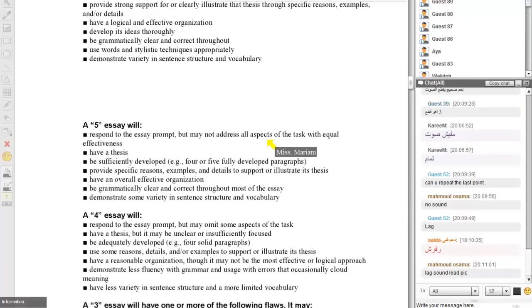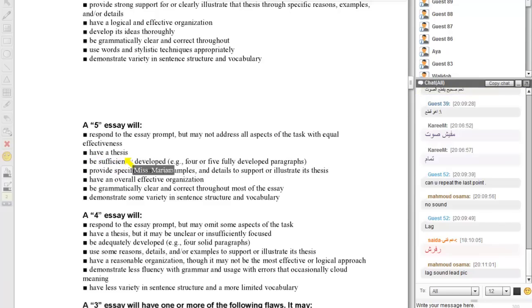He didn't cover everything. He just gave a hint, or he took one point from it and talked about it, and ignored the rest of the prompt, or the other elements in the head.